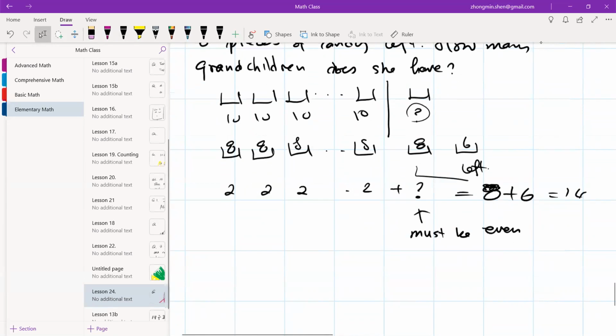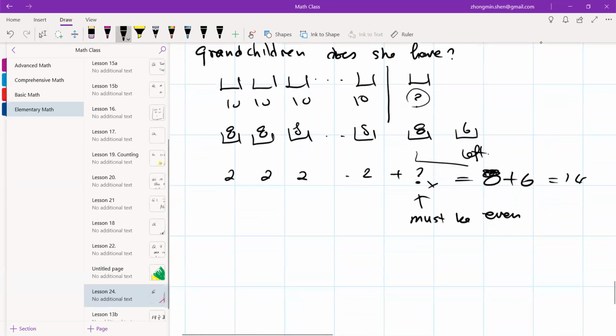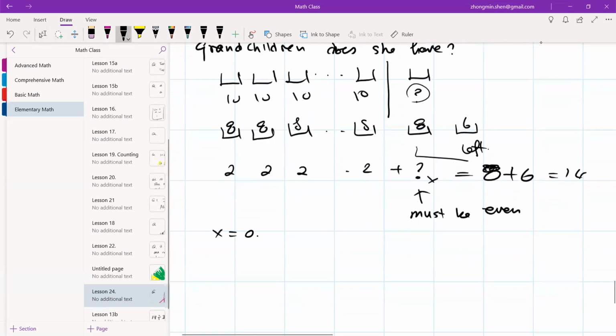So that number we don't know, right? I call it x. This could be 2, could be 0. When x equals 0, and I'm going to call n the number of grandchildren, the number of the other grandchildren, plus 1 will be the total number of children, okay? So then that would be 14 divided by 2, it's going to be 7, okay? 7 plus 1, you have 8 grandchildren.